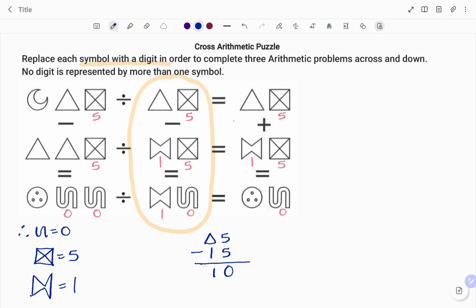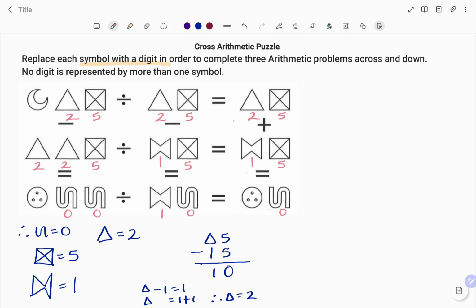So on my right hand side, 5 minus 5 will give me 0. Something minus 1 will give me 1. So if I have a box minus 1 equals 1, using the balance method, my triangle will be 1 plus 1. Therefore, my triangle will be equal to 2, because 2 minus 1 is 1.